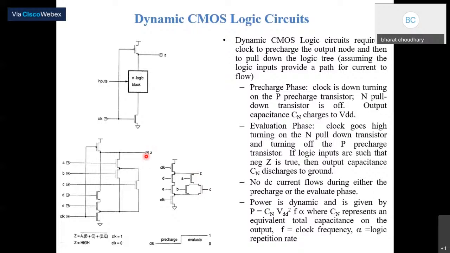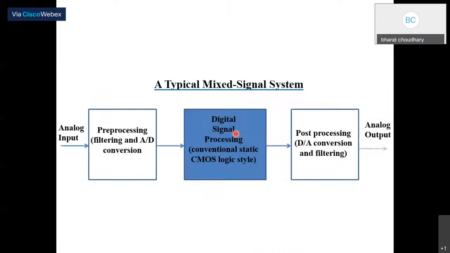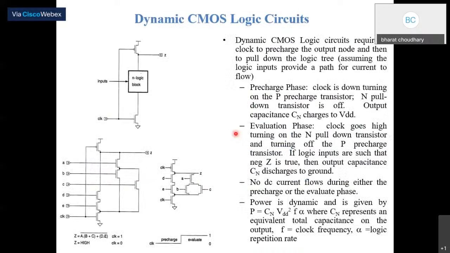If the clock goes high, it is isolated from the power supply and comes into the evaluation phase. Finally, whatever logical expression we introduce in the pull down network will prevail at the output. So this is all about dynamic CMOS logic gates.